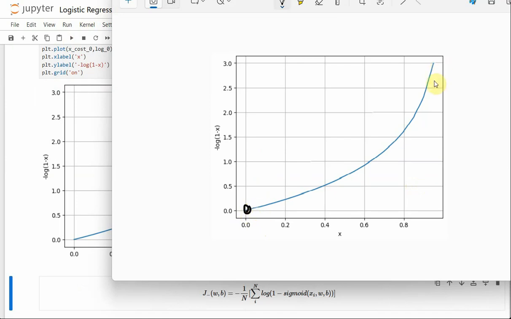However, if we predict a value close to 1, it will increase, and at 1, this value will be exactly plus infinity. Again, between these two edge cases of 0 and 1, the function is increasing monotonously, so we can think of this as a good candidate for the cost function in the case of the negative class.